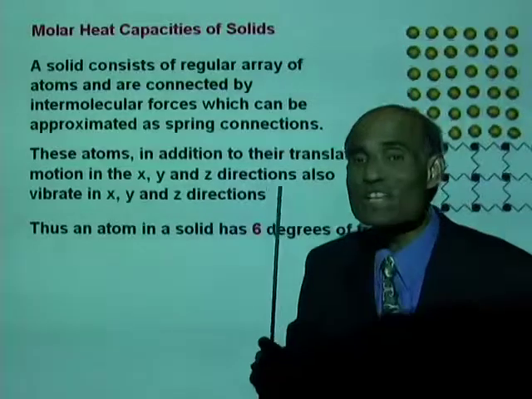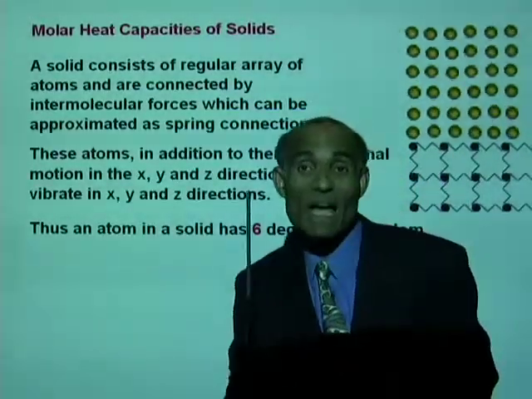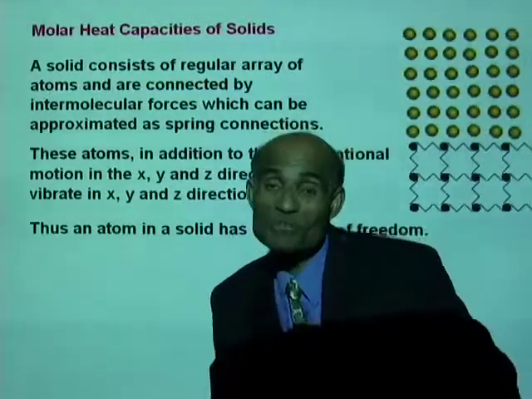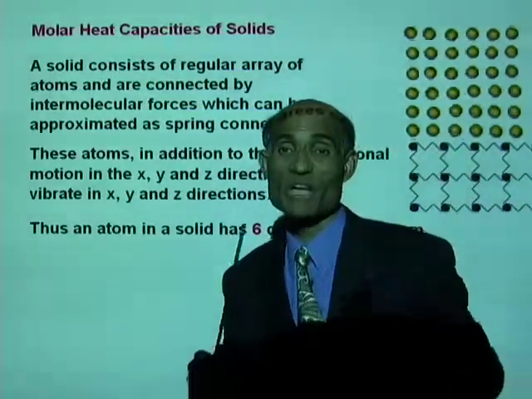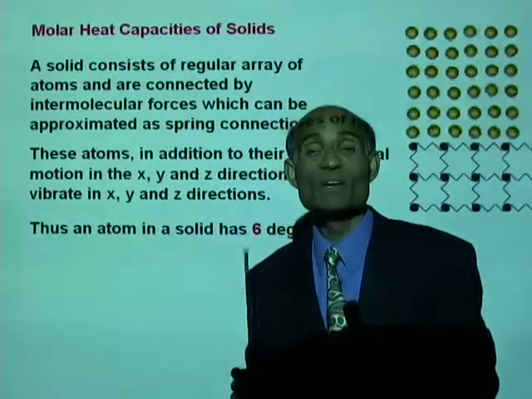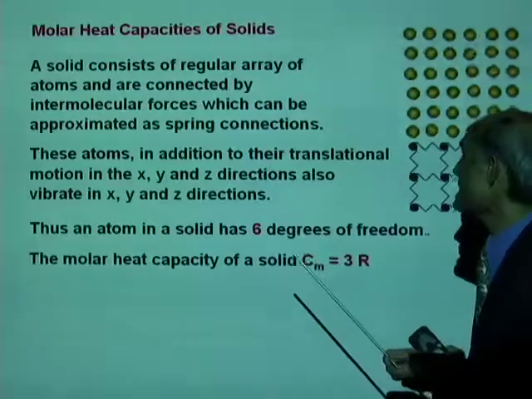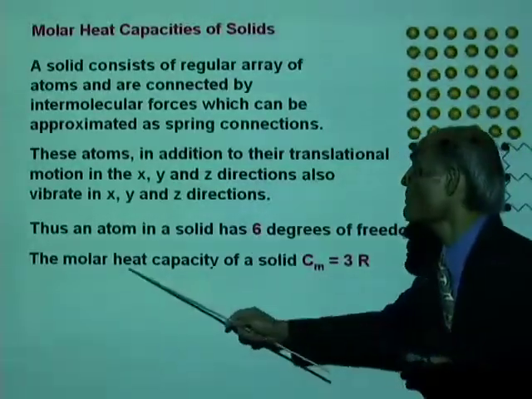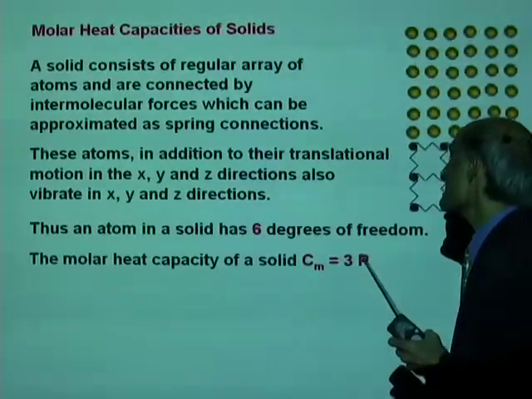And what is the energy associated with each degree of freedom? It is 1/2 kT. We have said this now numerous times. I don't think you can forget. The energy associated with 1 degree of freedom is 1/2 kT. Therefore, the molar heat capacity of a solid is 3R.